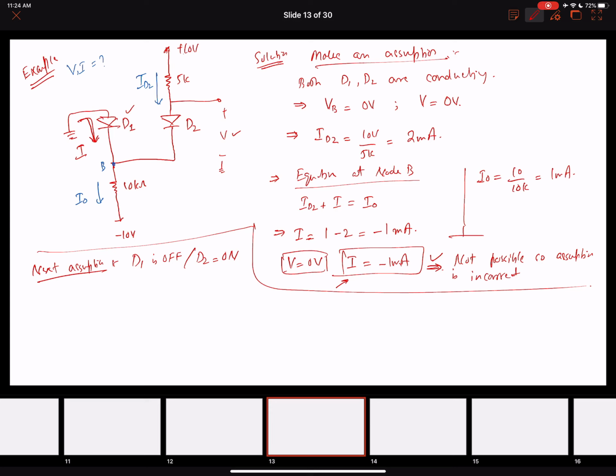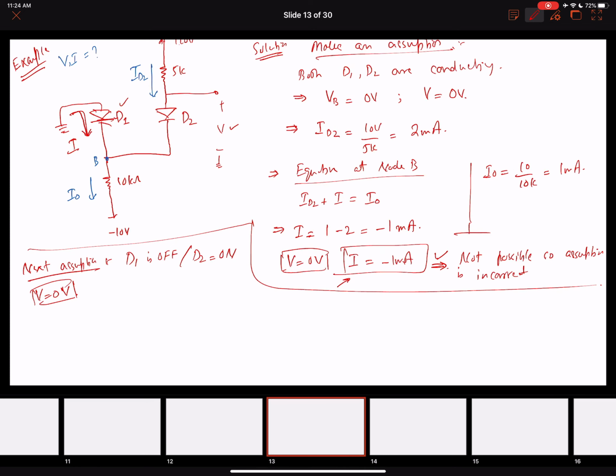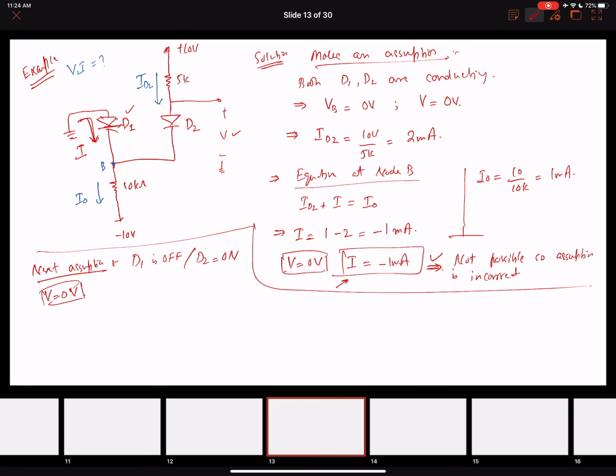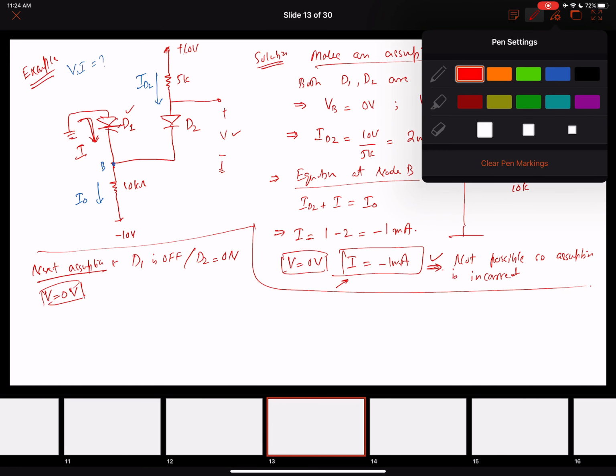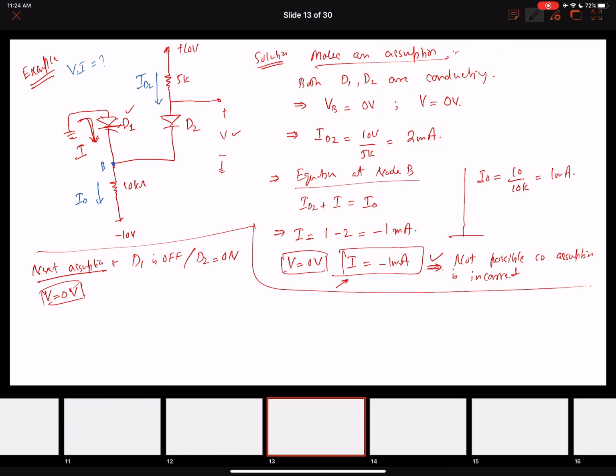If D2 is on, this means that V is 0, and D1 is off means D1 is an open circuit. If I make D1 an open circuit, then I am going to have this big long branch of the current. Then my ID2 is going to flow like this.